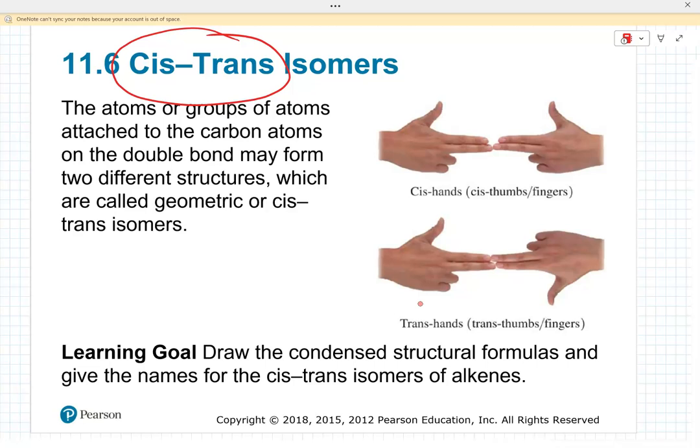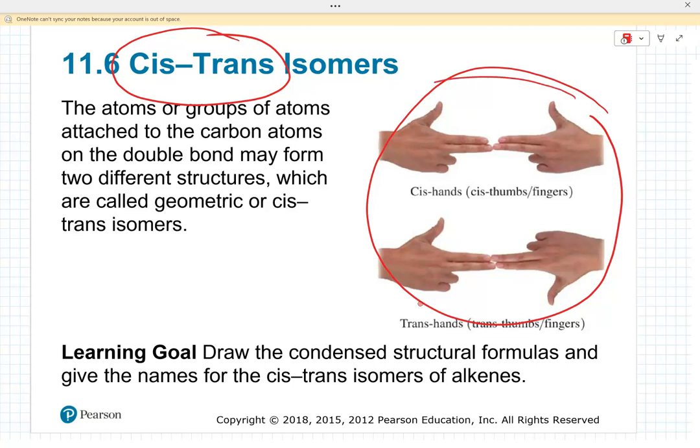This illustrates pretty well the whole cis-trans idea. So cis means on the same side, trans means on the opposite side. Does that make sense? Is it making sense to you?